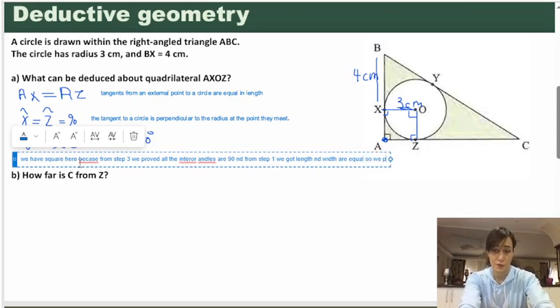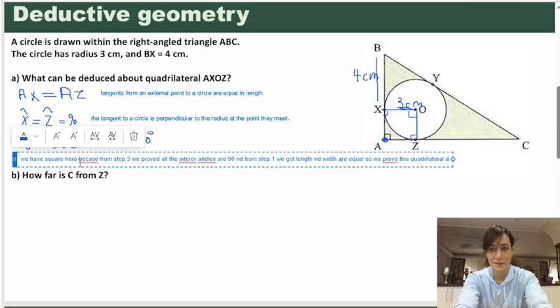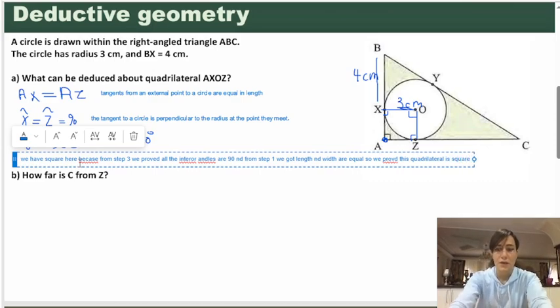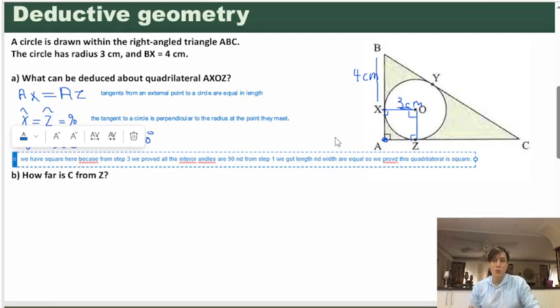So we proved this quadrilateral is a square. We show this quadrilateral AXOZ is a square.